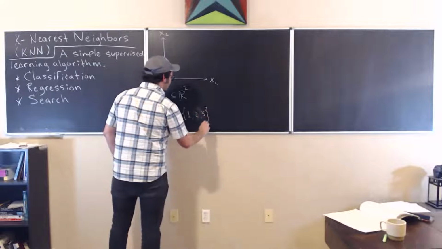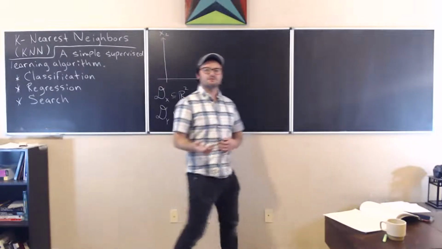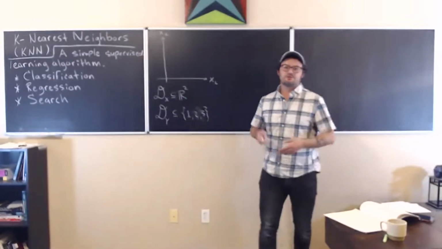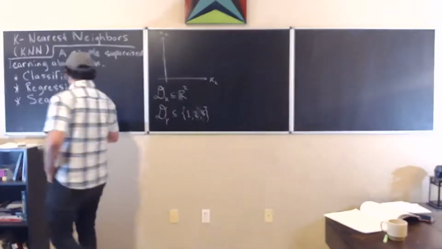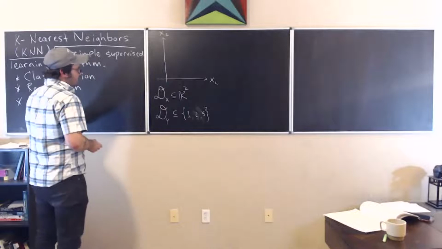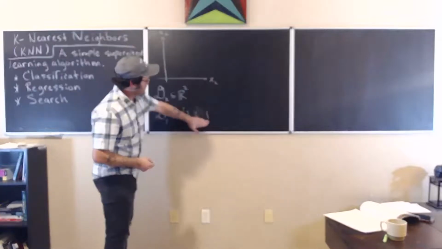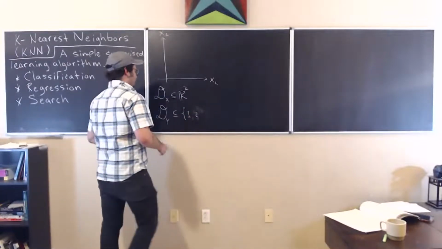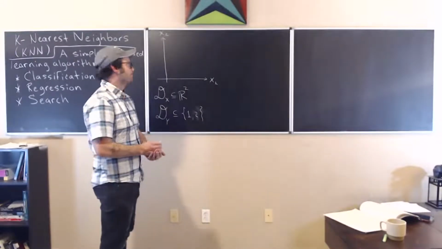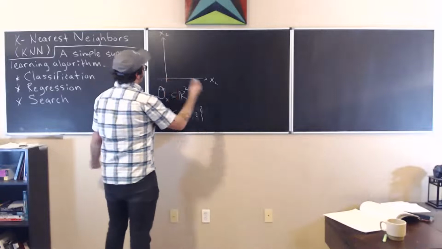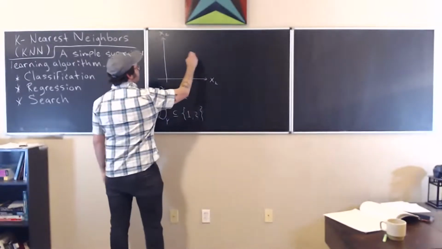Maybe there are 3 labels: you're either type 1, type 2, or type 3. Actually, for the picture, let's only do 2, so we're either label 1 or 2. Okay, so let's put some markers down.